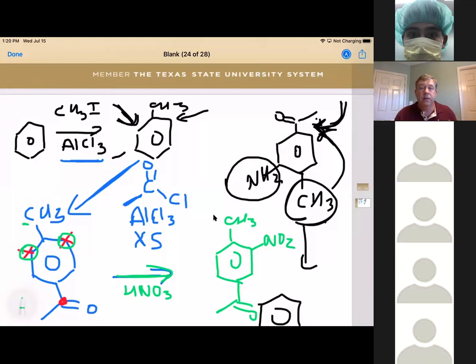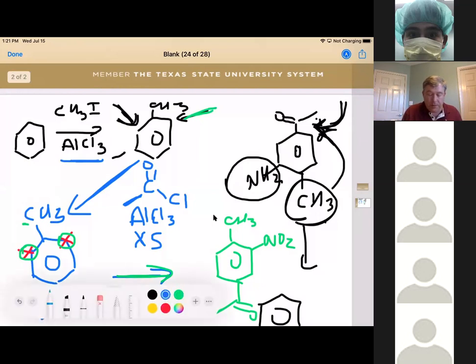Okay, so let's go back a little bit. On the first step, the Friedel-Crafts alkylation to give us that methyl group there, we said that this is not our only product with the one methyl group, because it's activating, but we can isolate it from there. So this is going to be our next starting material here.